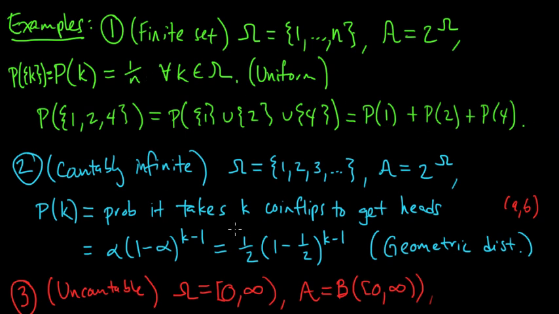Here, maybe it takes a little more work. For example, in the case of the half, I'm going to have a sum of things like 2 to the minus n, and I'm going to sum those up. This, maybe not too hard to convince yourself, sums up to 1.